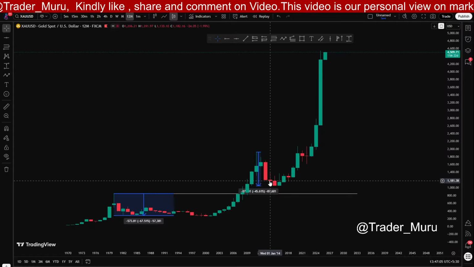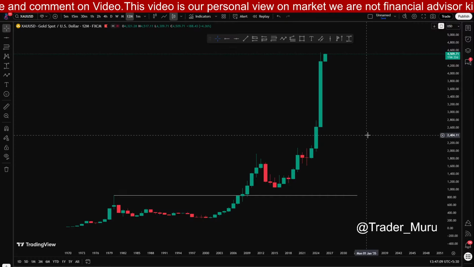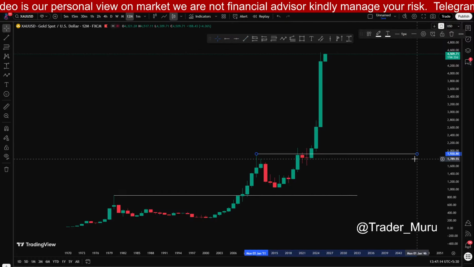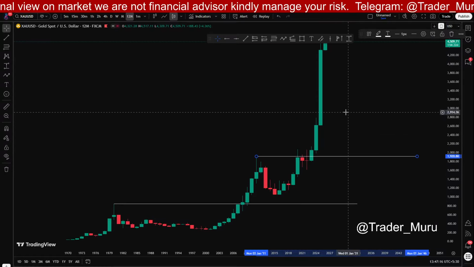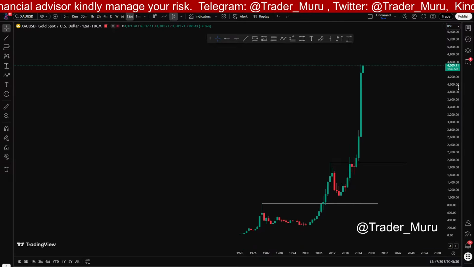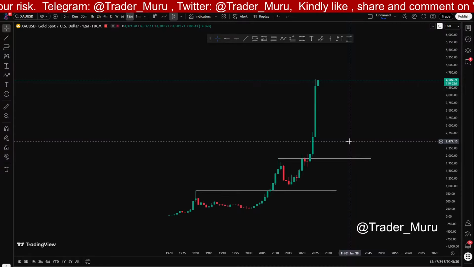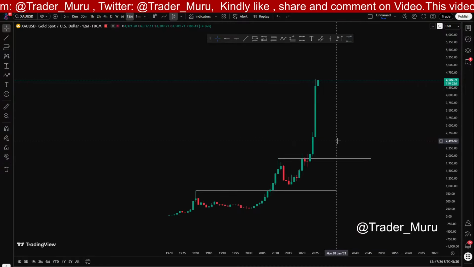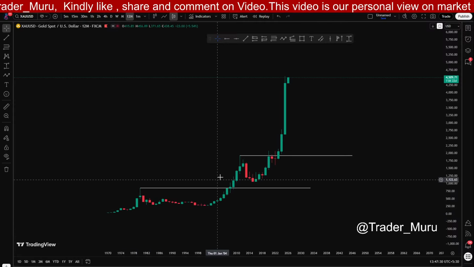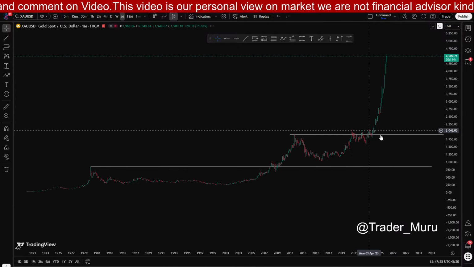There will be retracement, no doubt, but price will always be in uptrend. Even if gold drops to 2000 right now, it will still be a buy. And the next target will be 10,000. See this? Look in monthly.